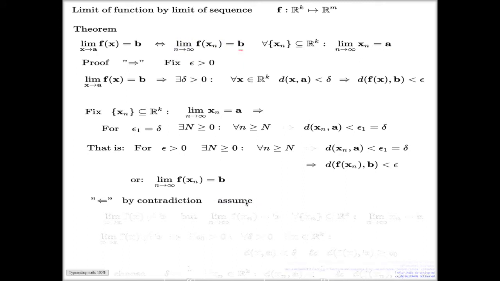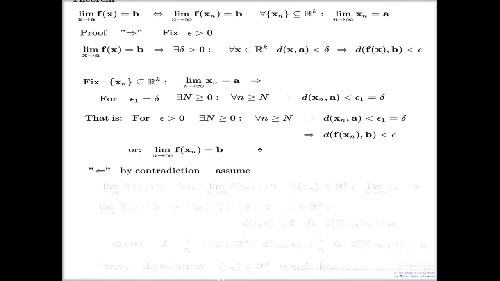We assume that the limit of f of x is not equal to b, but at the same time, the limit of f of xn equals b for every sequence xn converging to a. That's the setup of the proof by contradiction, and I want to come up with something wrong. I want to come up with a contradiction in this setup.